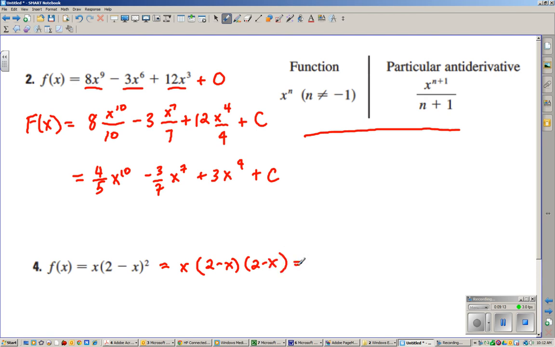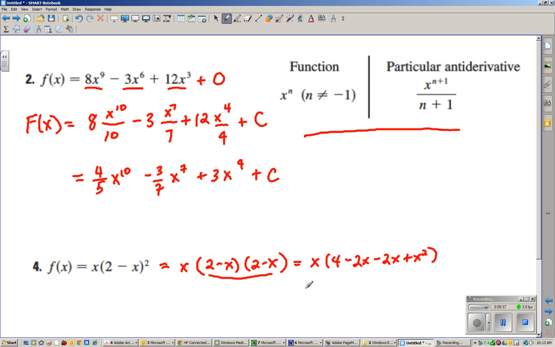And if we FOIL 2 minus x times 2 minus x, won't we get x times 4? Outsides and insides will yield negative 2x and negative 2x. And last times last will give us that x squared.